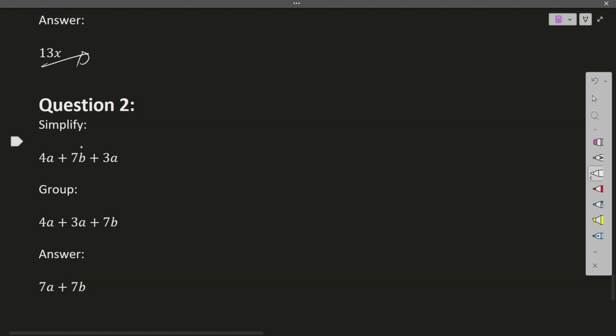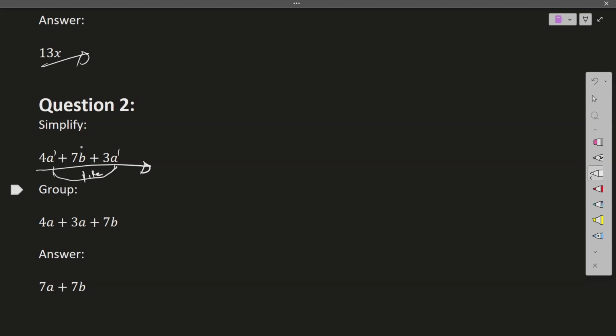Question number 2, simplify this expression: 4a plus 7b plus 3a. Number 1, you identify the like terms. Here's a, here's another a. Do they have the same exponents? Yes, this is a to the power of 1 and a to the power of 1. So you add these like terms.